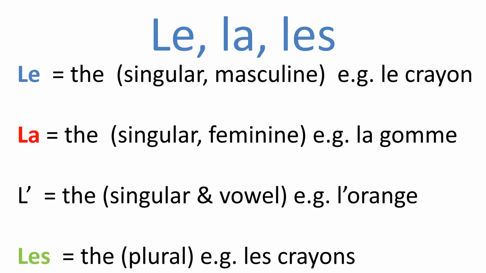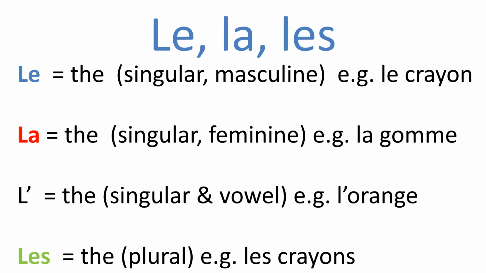And then le, la, les. So we've got the, the way that you would say the. Le is the singular masculine way that we would say the. La, the singular feminine way. L apostrophe is singular with a vowel, so for example, l'orange.